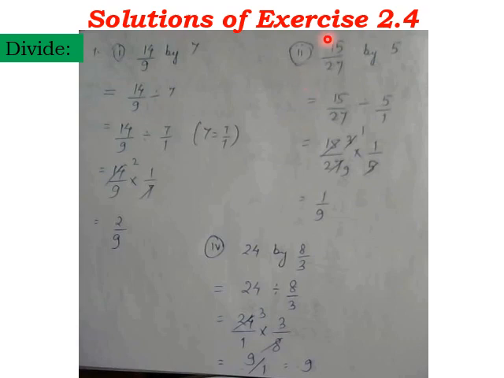Second part is 15 by 27 divided by 5. Again the same way, 15 by 27 divided by 5 by 1. Changing the division sign to multiplication sign, 15 by 27 into 1 by 5. Cancelling, 5 ones are 5, 5 threes are 15 and 3 ones are 3, 3 threes are 9.